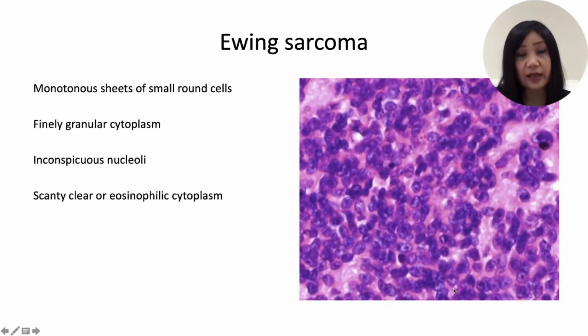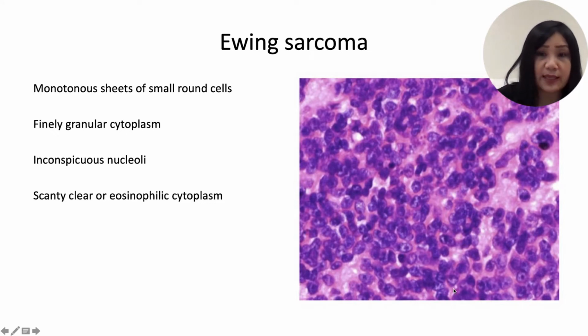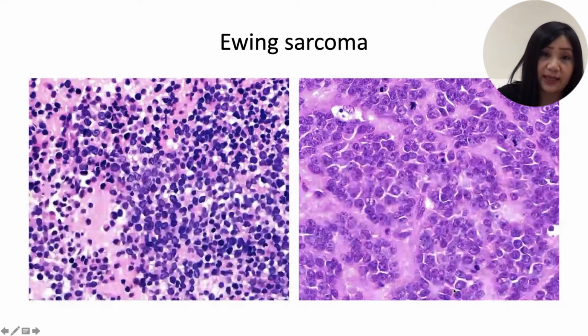So morphologically, these tumours, as we know, are composed of very, very monotonous distributions of small round cells. And these are incredibly homogeneous looking tumours, and the cells are completely uniform with no atypia. Very high NC ratio, inconspicuous nucleoli. Sometimes there's a little bit more cytoplasm and it can be clear or eosinophilic.